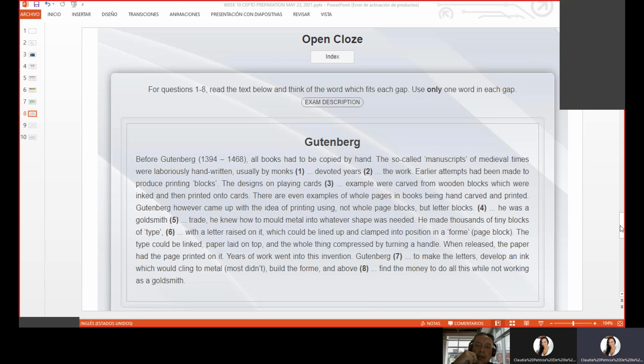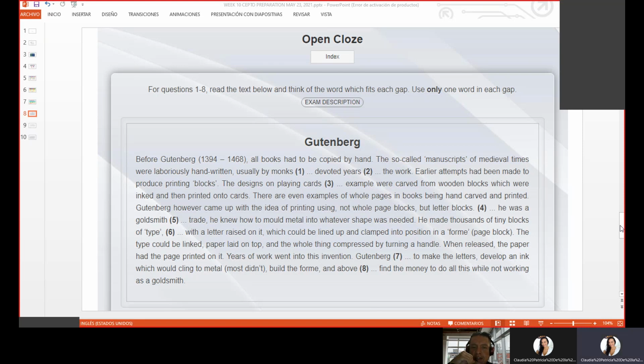So it says, because he was a goldsmith, blank trade, he knew how to mold metal into whatever shape was needed. Also is not correct, because that clause does not combine well with also.